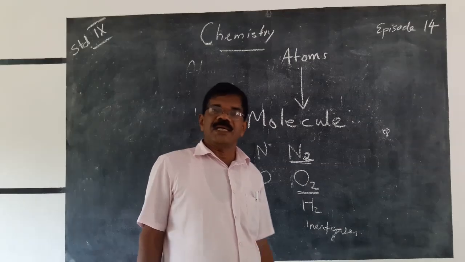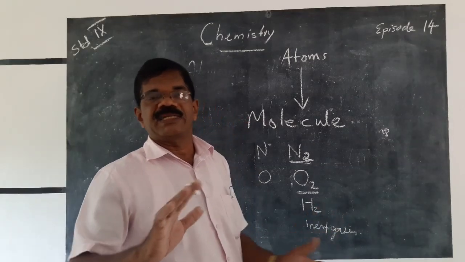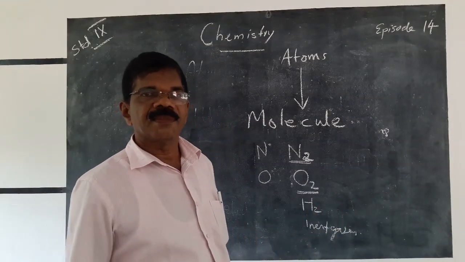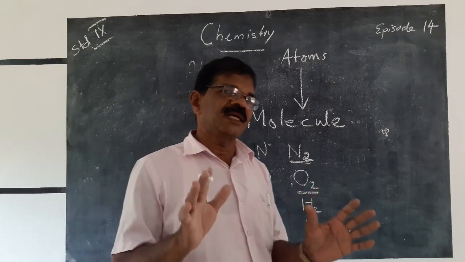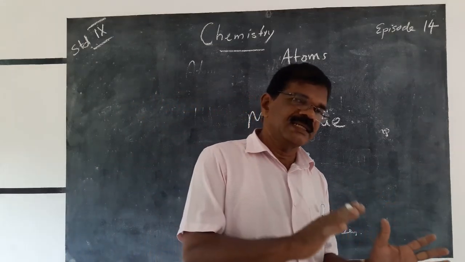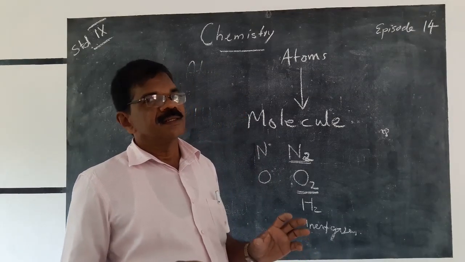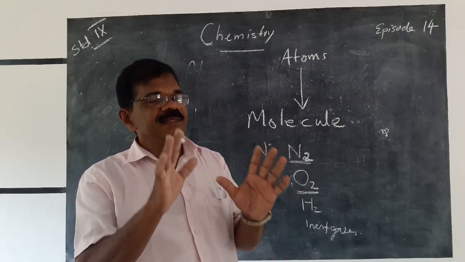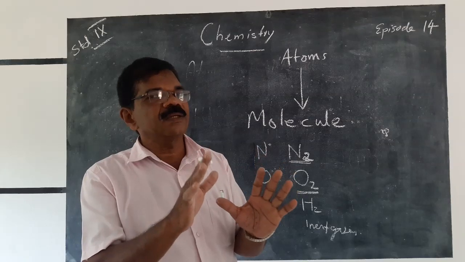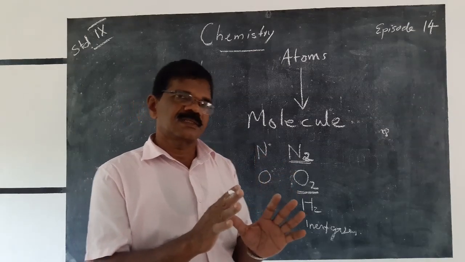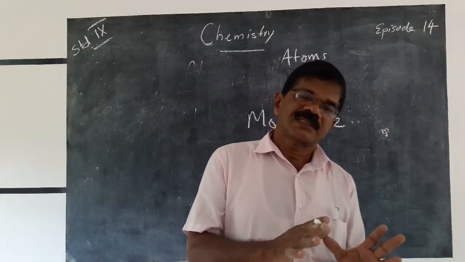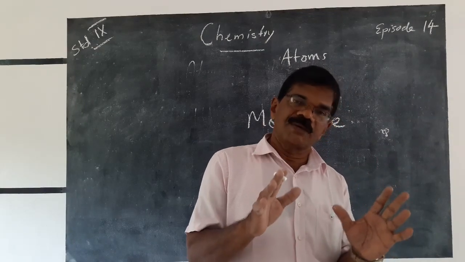Can you point out the difference between an atom and a molecule? We see that an atom is the smallest particle of a substance, the building block of all materials.